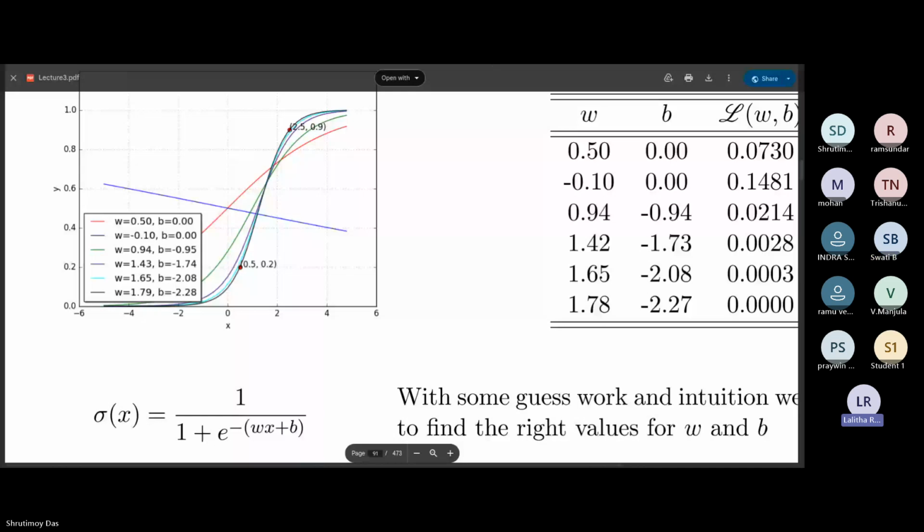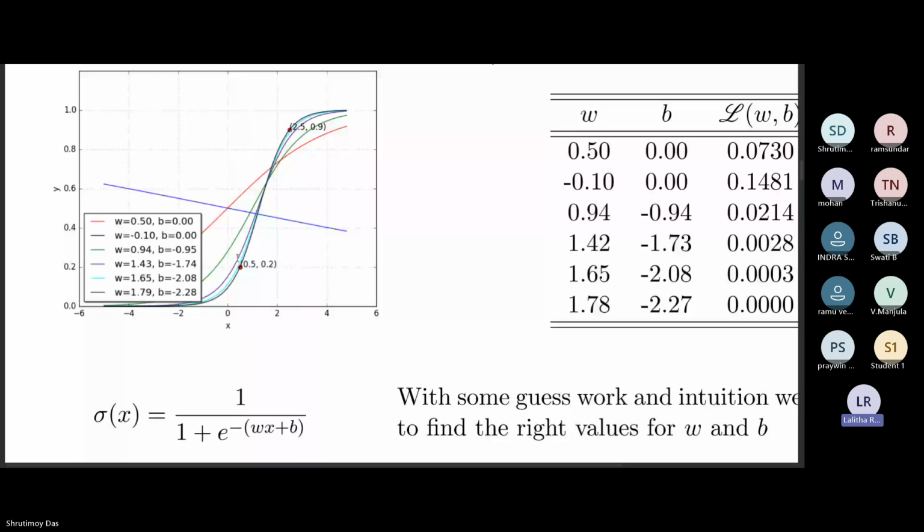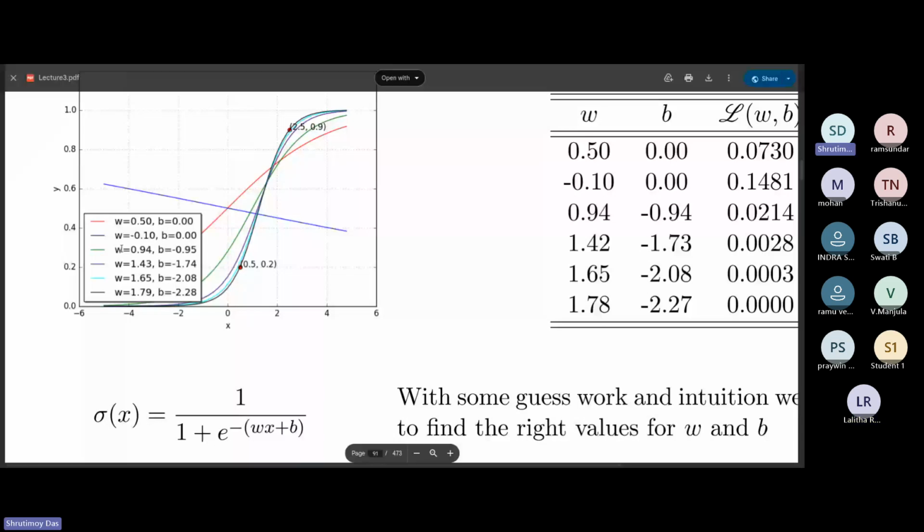As B decreases, it is going towards the right. But the correct answer is, as you increase B, you go towards negative infinity, so you go in this direction. That is what they say in the solution.